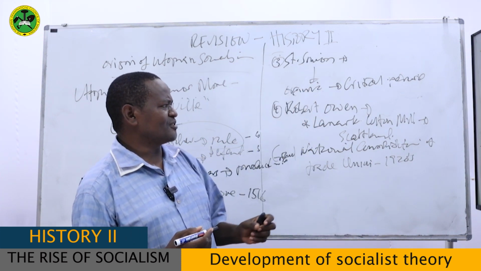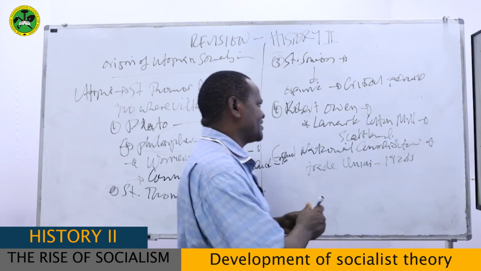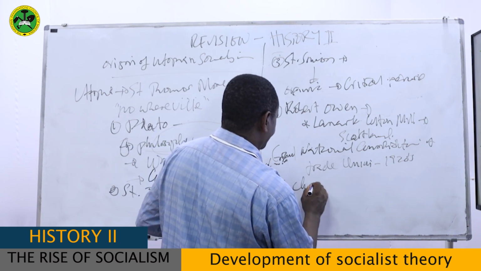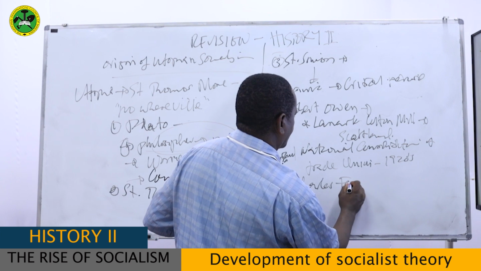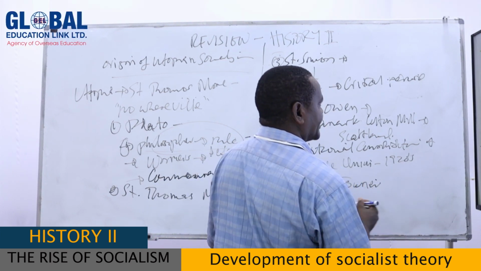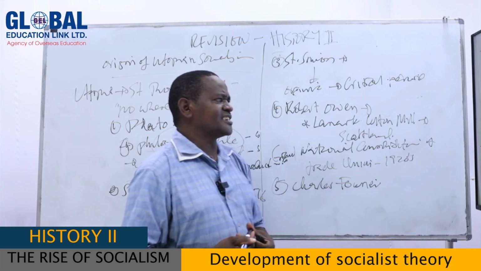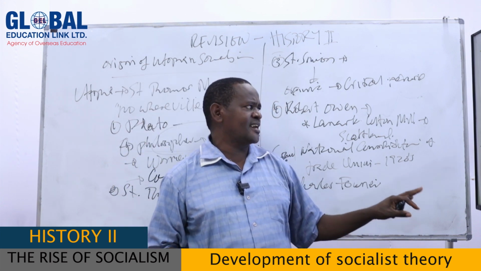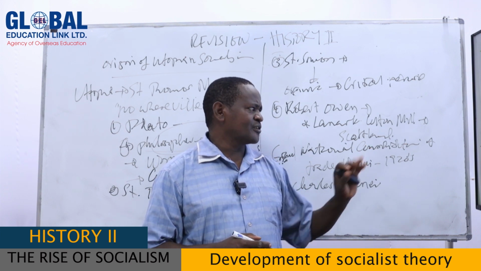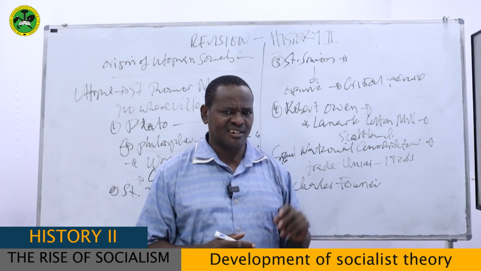My dear students, let's now go to another person, Charles Fourier. Charles Fourier was a French intellectual, a counterpart of Owen, and a commercial salesman who never succeeded in attracting the same kind of public attention as Owen.